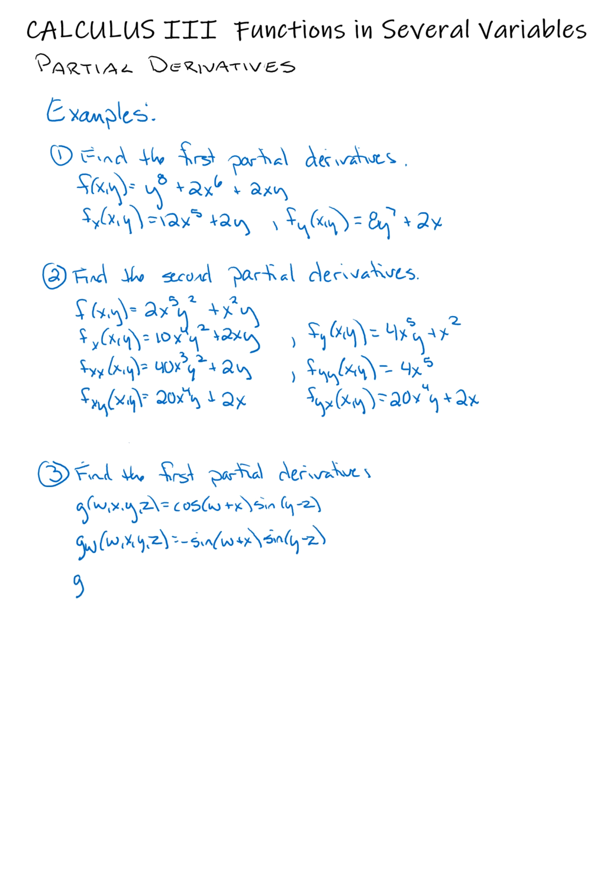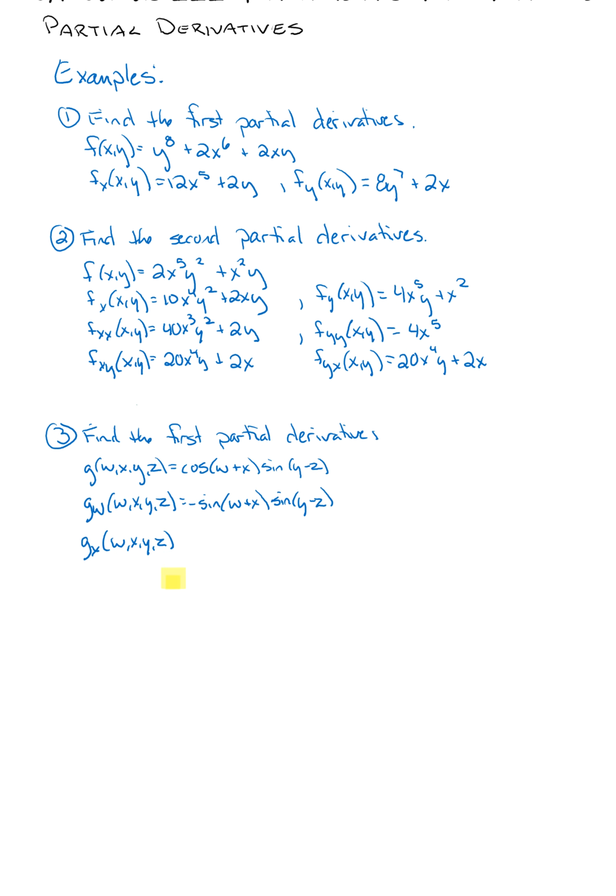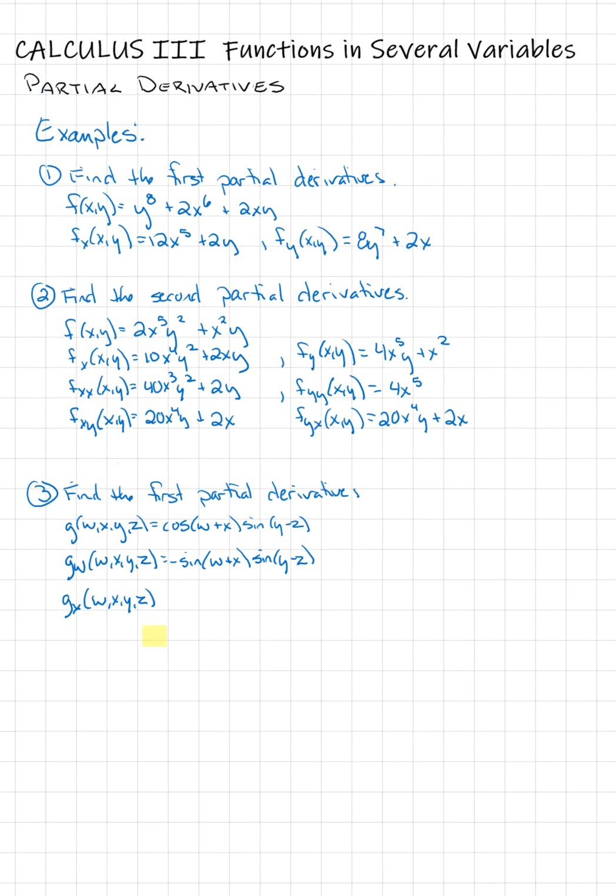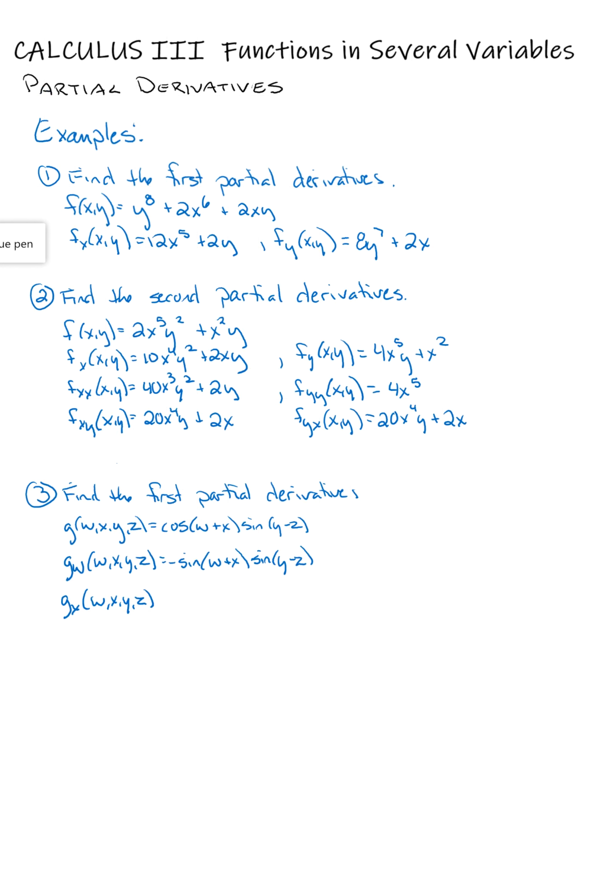Let's try the first partial with respect to x. The only place I have an x is here. So again, taking the derivative of the cosine function, we get negative sine again of w plus x.